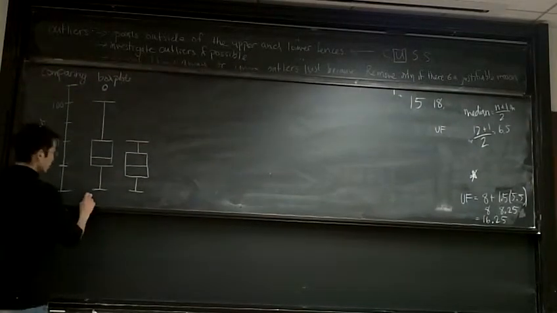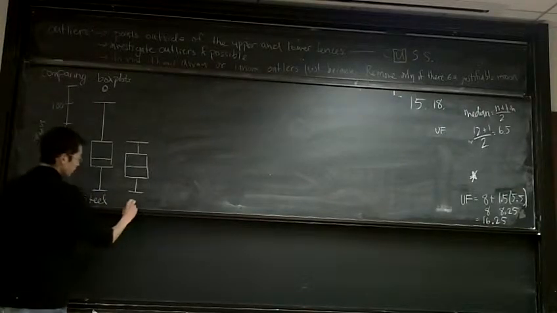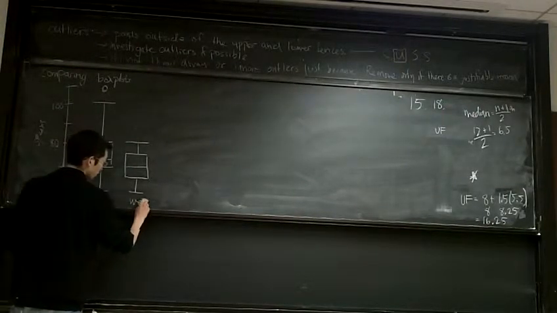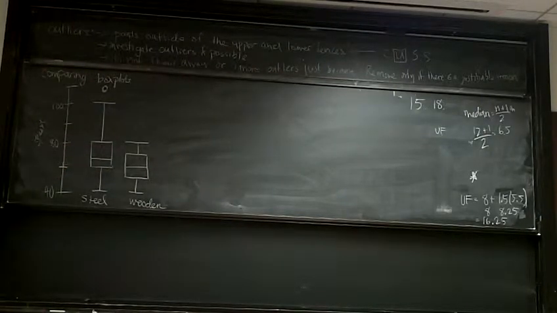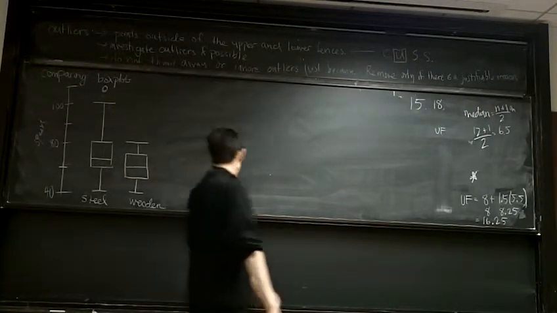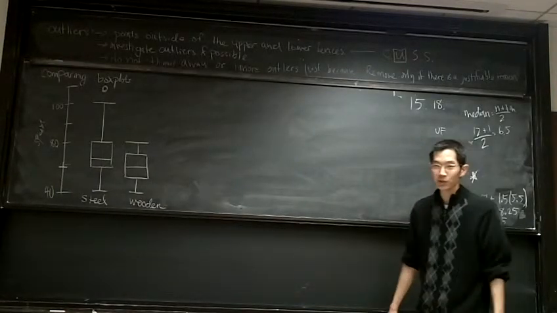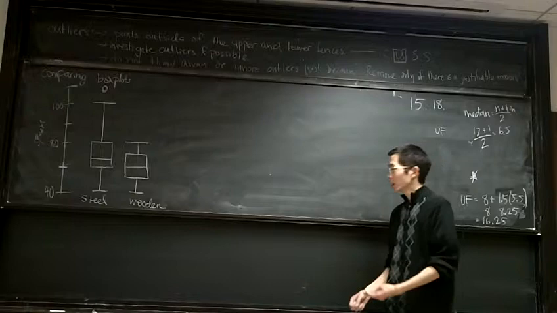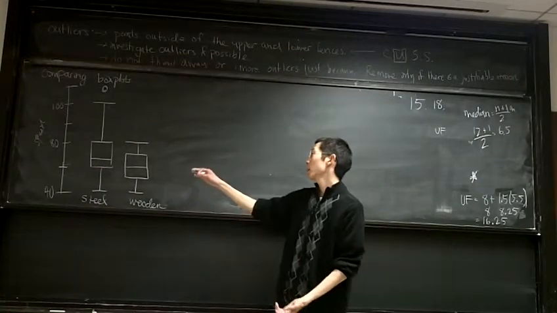This box plot represents the distribution of steel roller coasters, and this one represents the distribution of wooden roller coasters. Okay, so you go to Magic Mountain, and they've got steel roller coasters and wooden roller coasters and the like. And yeah, some are fast.